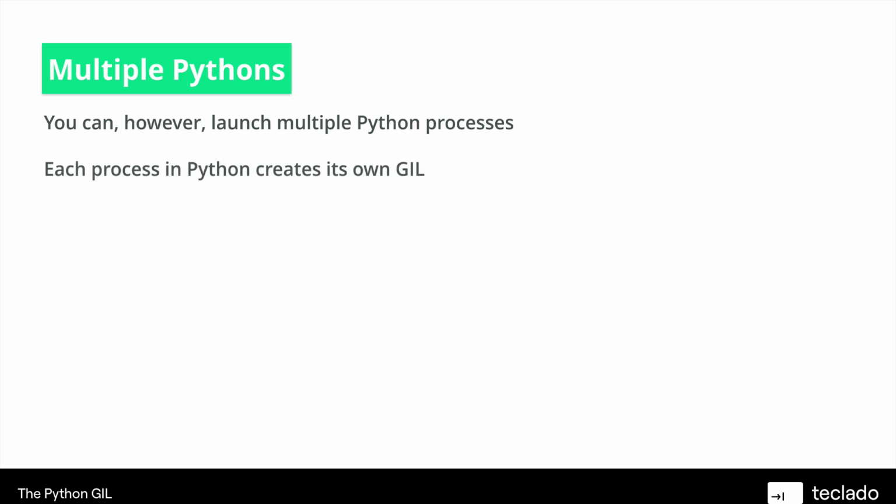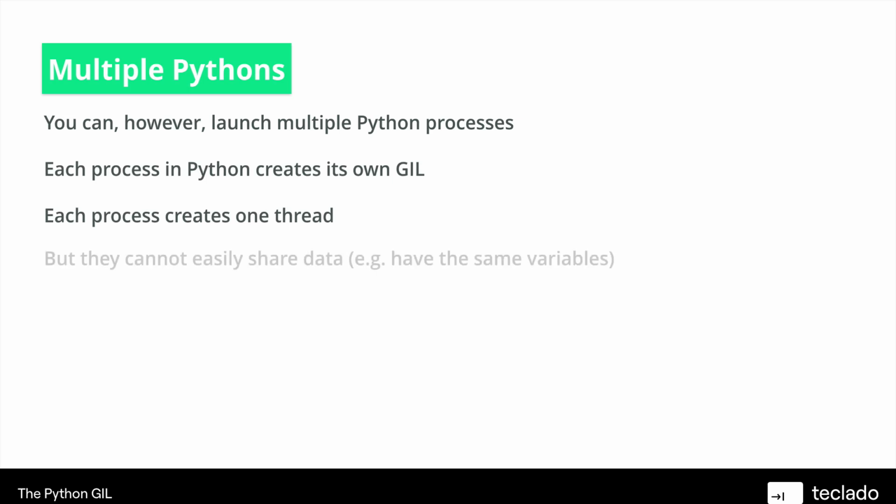Okay, so what about multiple Pythons? I mean, I'm sure you have run multiple Python apps before, and they ran side by side, right? Well, yes, you can launch multiple Python processes, like we saw just by opening another Python app. And that's fine, because each process creates its own GIL, each process creates its own thread, but they cannot collaborate.